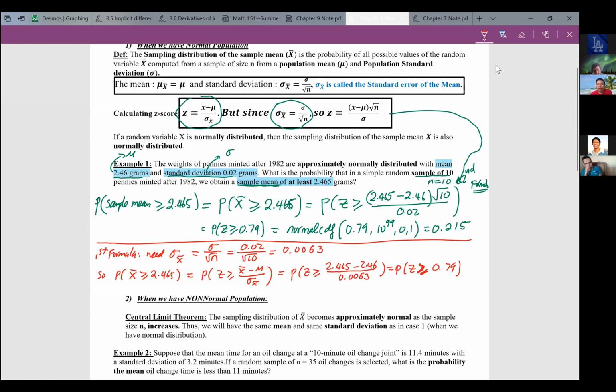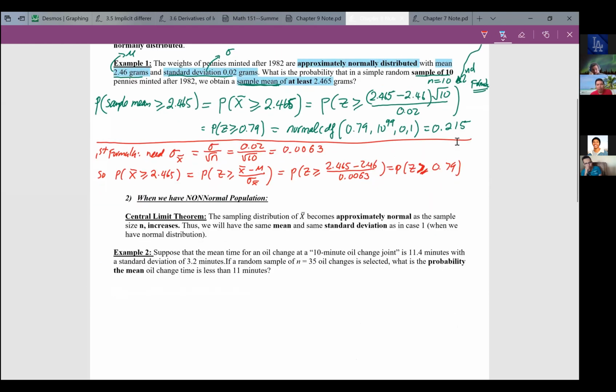So case one is when the populations are normally distributed. The second case is, what happens if we don't have a normal population, meaning the population is non-normal? Well, there's always a way for this to work. Again, we are just taking this information for granted, but believe me, statisticians in the past did a lot of study and research to come up with the theorem we're going to use here.